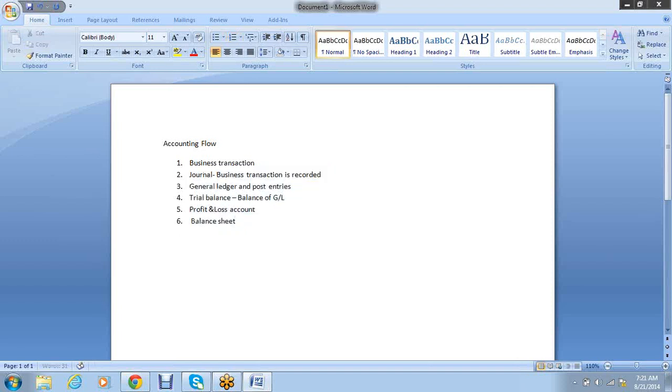The whole of accounting is based on the golden rules, which are based upon three accounts: real accounts, nominal accounts, and personal accounts.